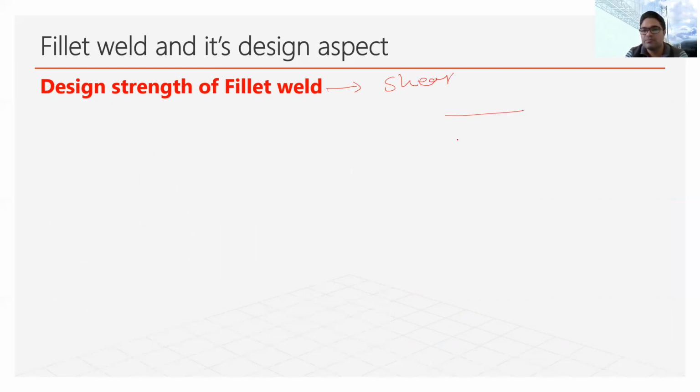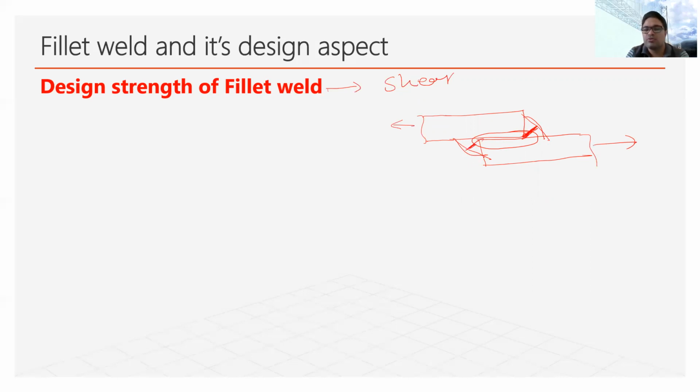For example, if there is this fillet weld, similarly if there is this fillet weld, and if there is a force, this force is transferred using this face. So basically this face is under shear. From where will this weld break? This weld will break most of the time at this throat thickness.